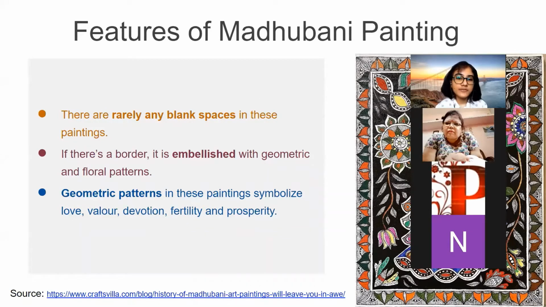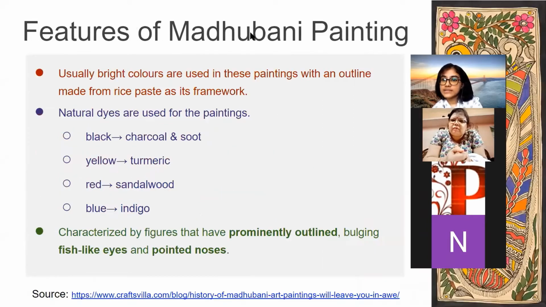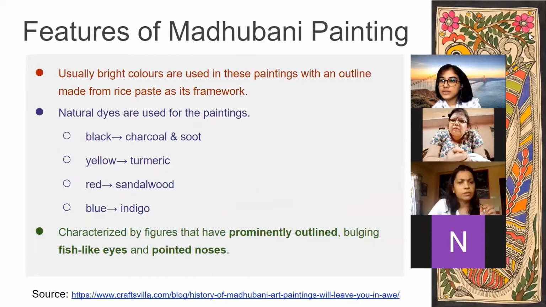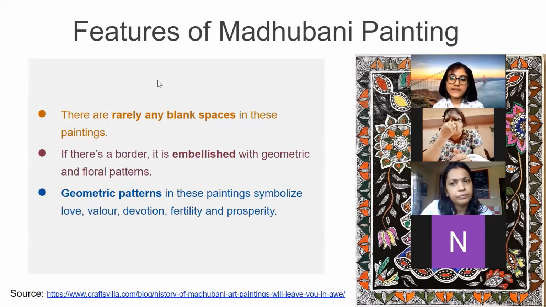So a couple more things: there are rarely any blank spaces in the painting. When you're painting, even the background is painted. Over here, we can see it's black. In the previous one, it has a little yellow tone to it. So it's never blank.